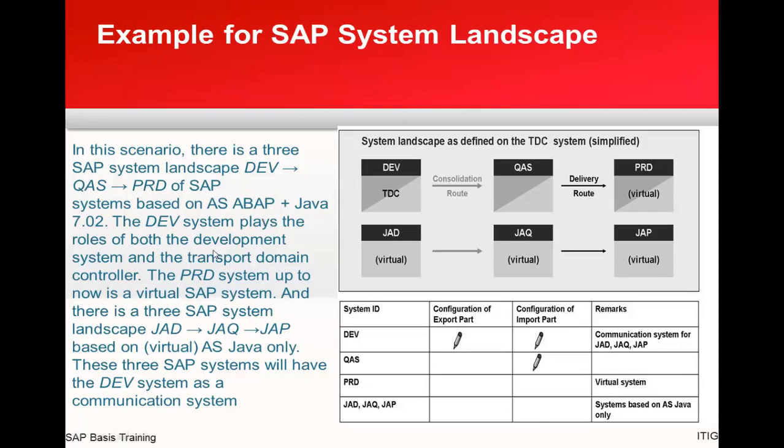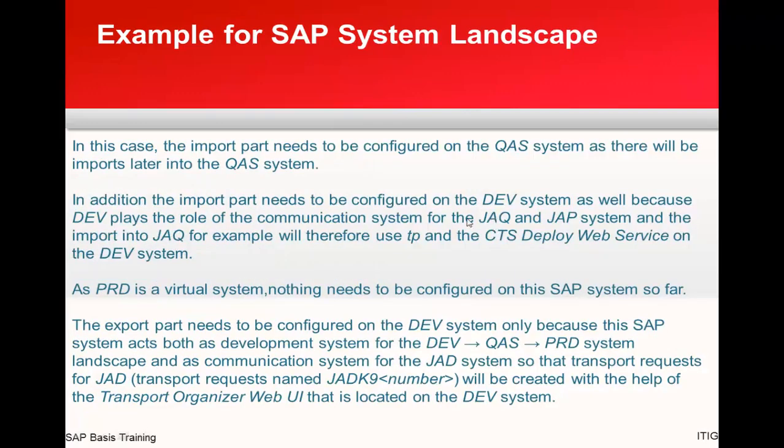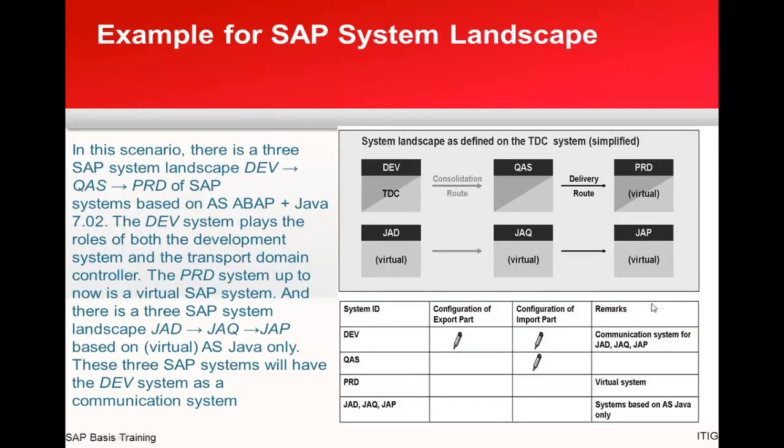Dev system plays the role of development system and transport domain controller, the prod system is a virtual SAP system, and these are the Java systems. One more key thing to note here is the communication system. Basically this dev system plays the role of a communication system for these three. That is one key thing to note.